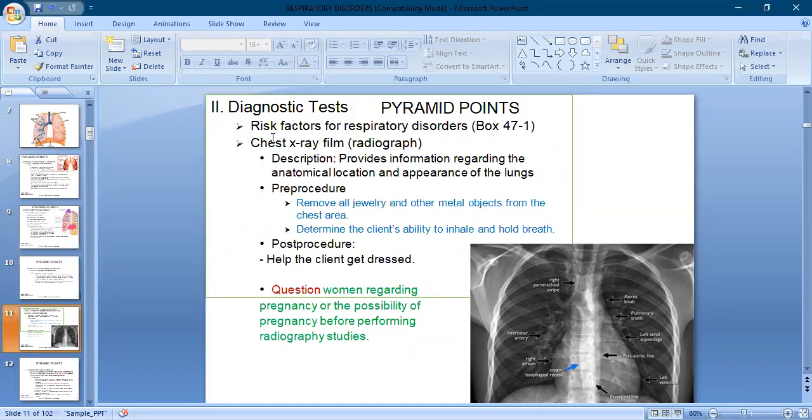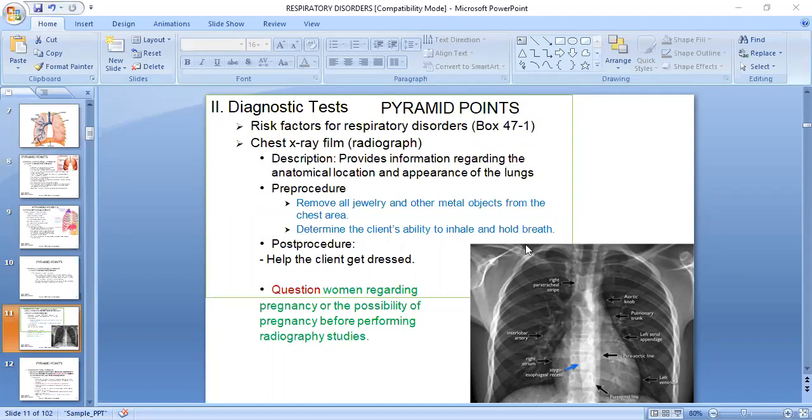The most common diagnostic test for the respiratory system is the chest X-ray. It provides information regarding the anatomical location and appearance of the lungs. So with a chest X-ray we can see the anatomy of the lungs, and also any pathology if present.